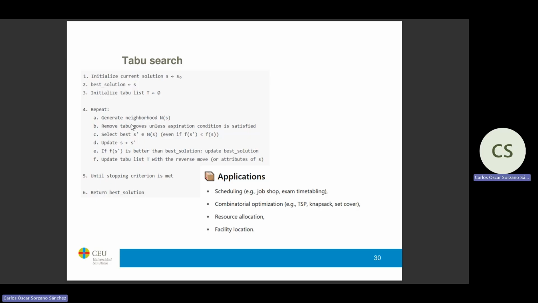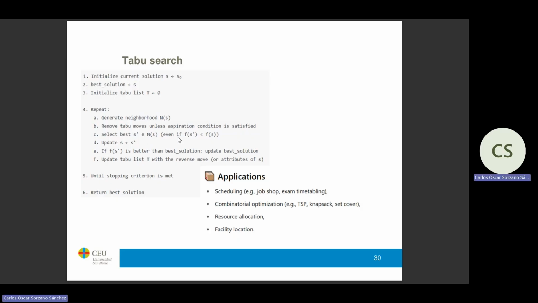From the neighborhood you remove the ones that are in the taboo list, unless your aspiration condition is satisfied. Then from the remaining ones, you choose the best. So you take the state S prime such that we are maximizing, sorry.